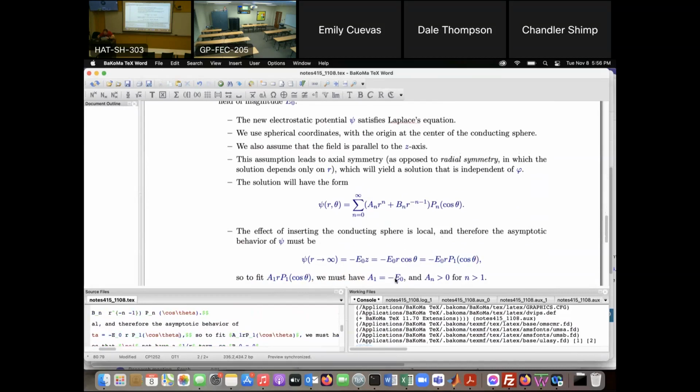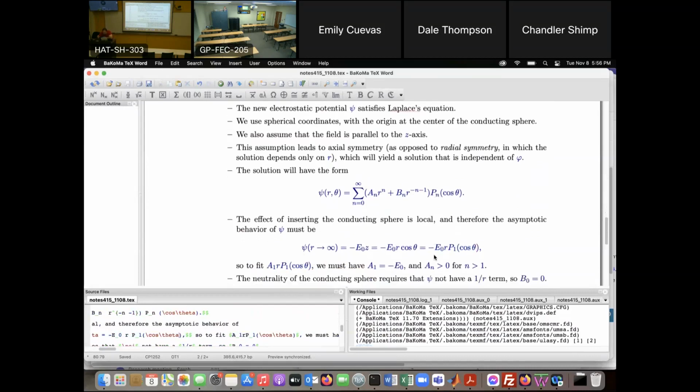So a1 is equal to minus E naught. Also, because we only have P1 here, we don't have any other Legendre polynomials. That means that all of the other a's have to be 0, at least for n greater than 1.